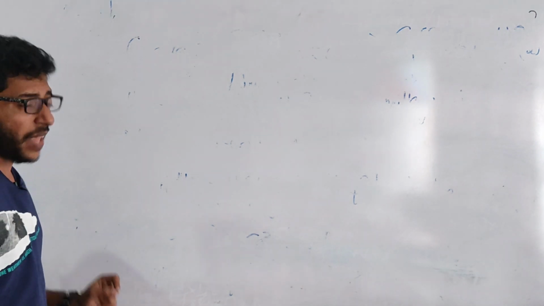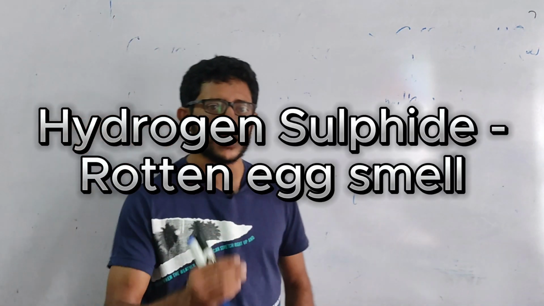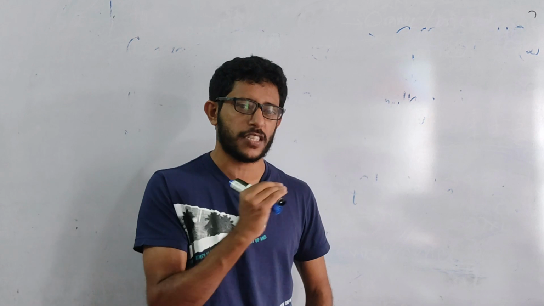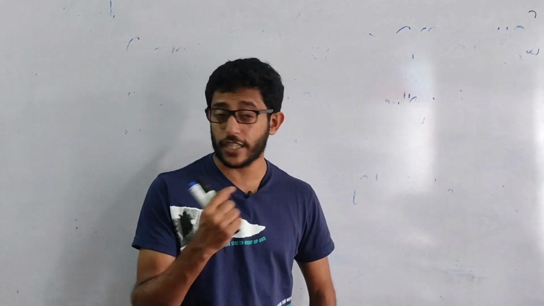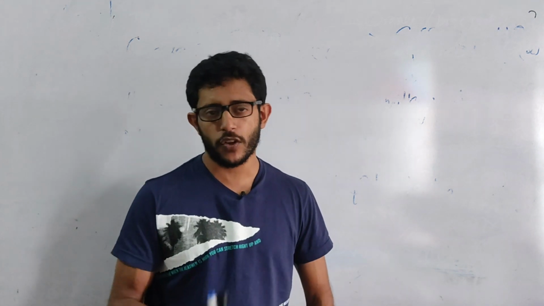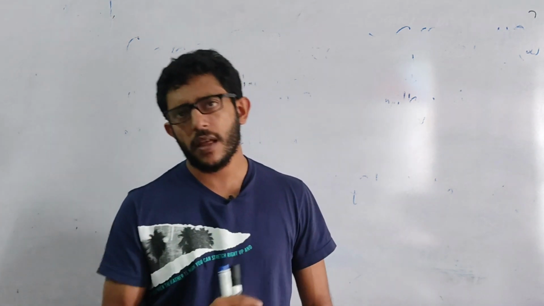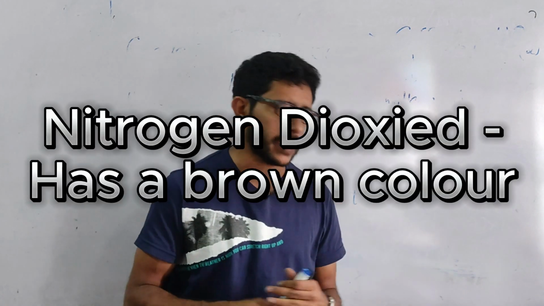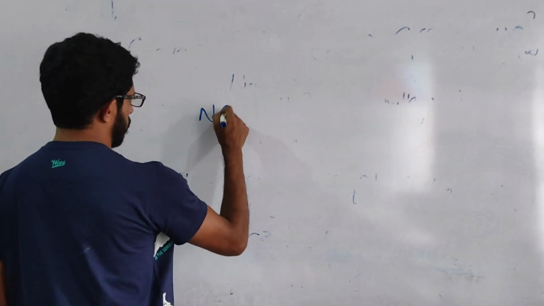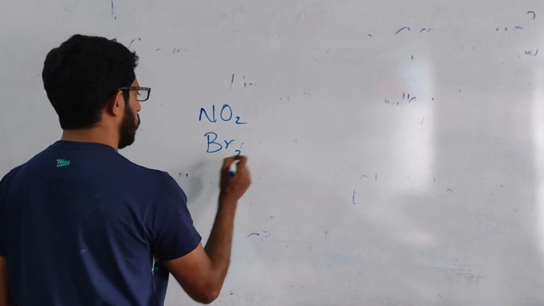Other than that, H2S we have. H2S has a characteristic rotten egg smell, a very bad smell. So H2S can be identified using the rotten egg smell. Other than that, we have nitrogen dioxide, which is a brown color gas. The two brown color gases you have are NO2 and Br2.